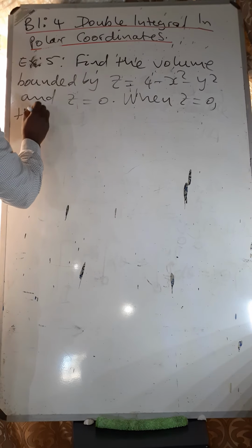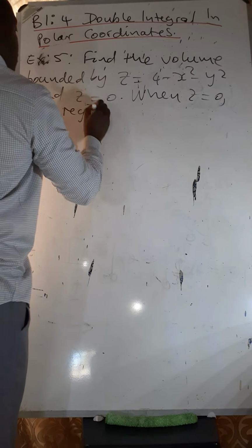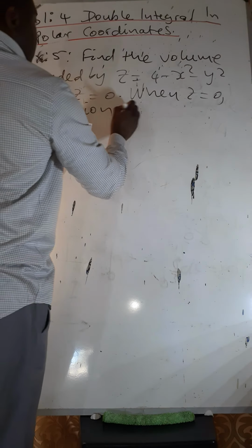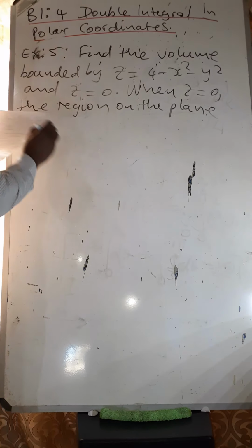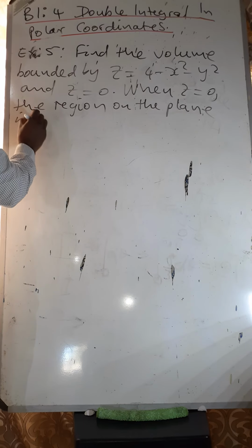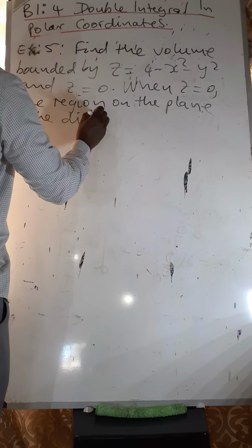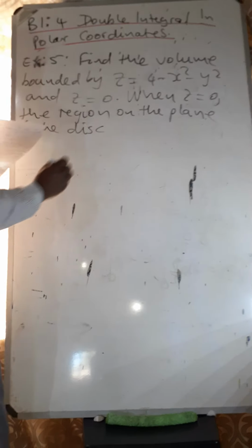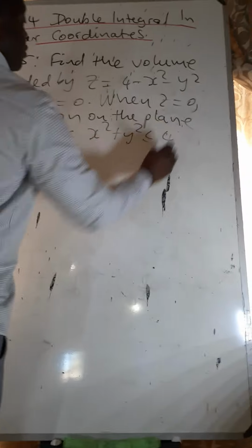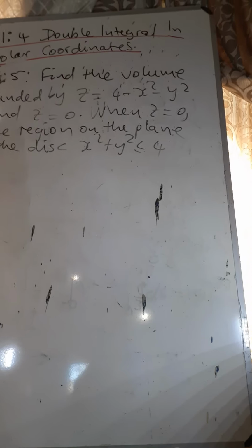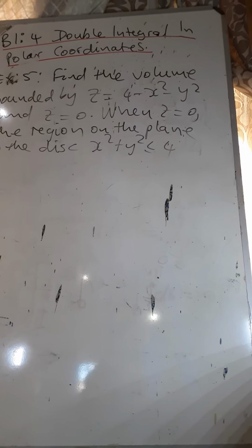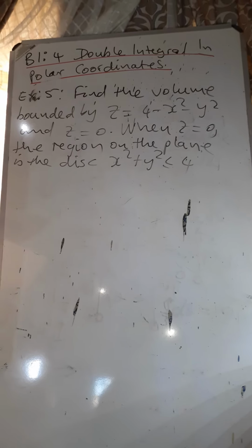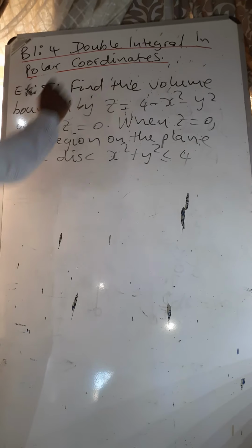Then when z is equal to 0, the region on the plane is a disk, obviously x squared plus y squared is less than or equal to 4. Okay. Now you can also see, it's just coincidence though, that this one is similar to the previous one.